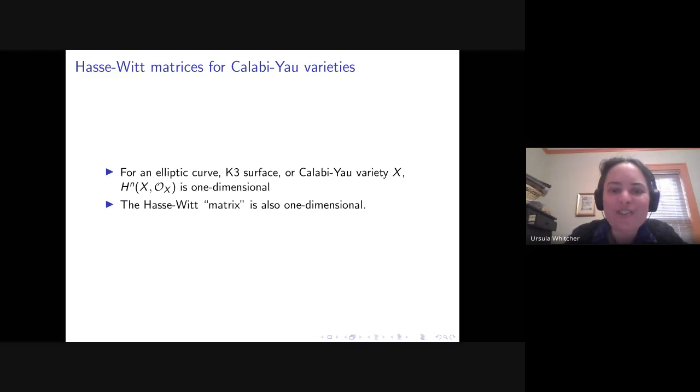Now, of course, we're looking at Calabi-Yaus, where this cohomology group is really simple. And so the Hasse-Witt matrix is kind of misnamed in this situation. We've simplified down to really nice spaces, and so we just get a one-dimensional matrix. And we can try to understand how Frobenius is acting on cohomology in this setting. We'll be looking at basically really just a number.